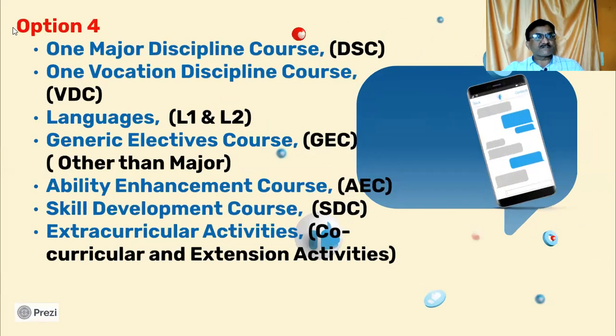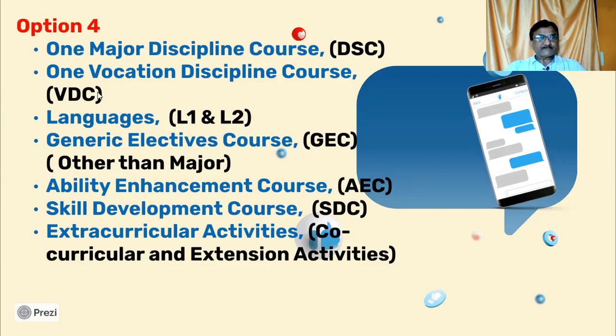Now getting into option number 4, which displays one major discipline course once again, including one vocation discipline course. This is highlighted here: vocation discipline courses. As I have already told, each university has the freedom to frame and prepare its own curriculum framework, and they can establish it with their own expertise, specialization, and the requirement and scope of the subject.